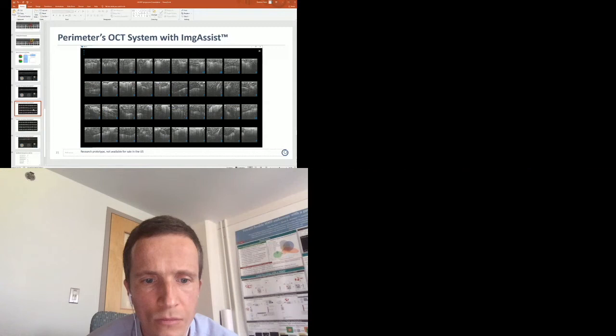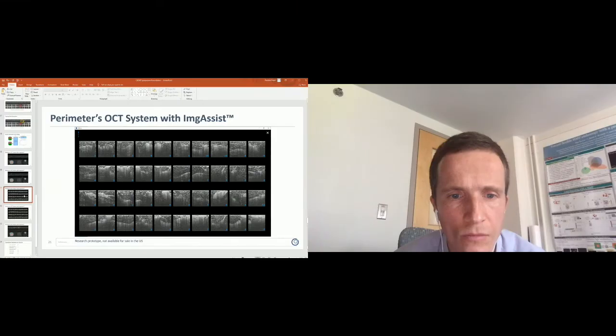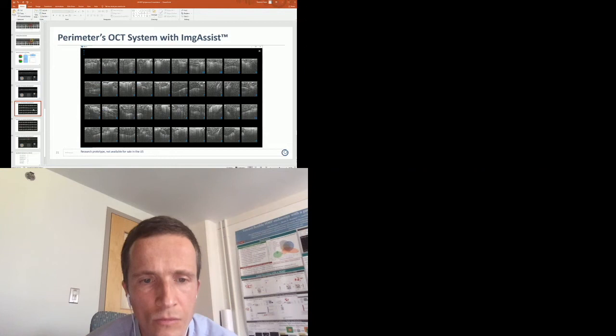The numbers in every square are there because we group the detections together in the through plane direction, since we assume that a lesion is not present in only a single B scan.